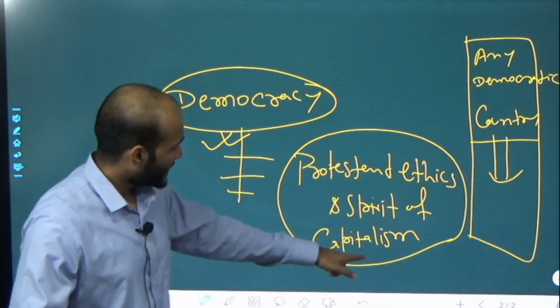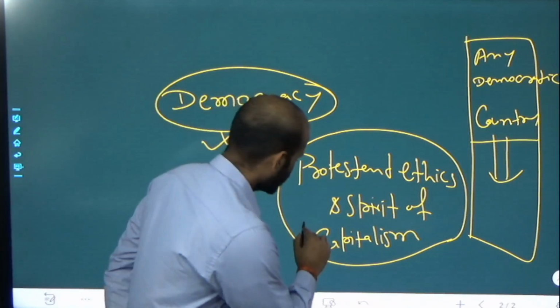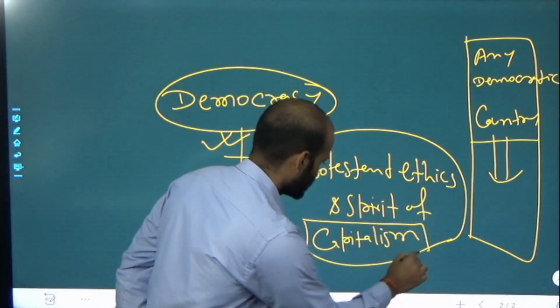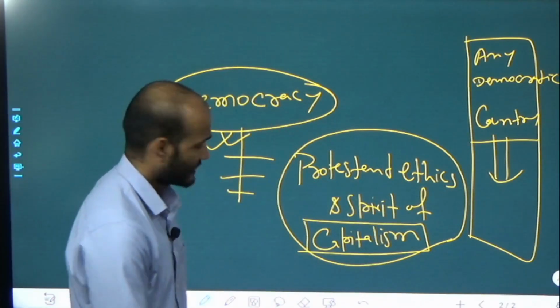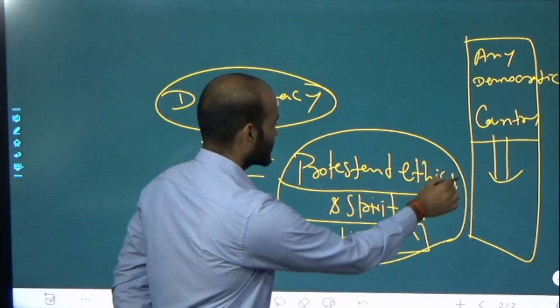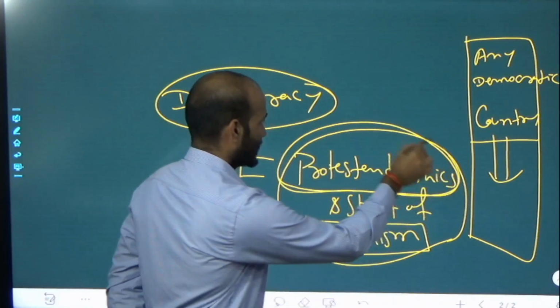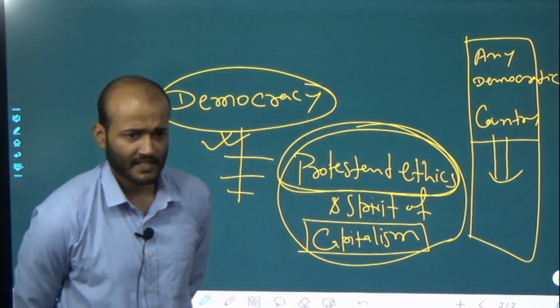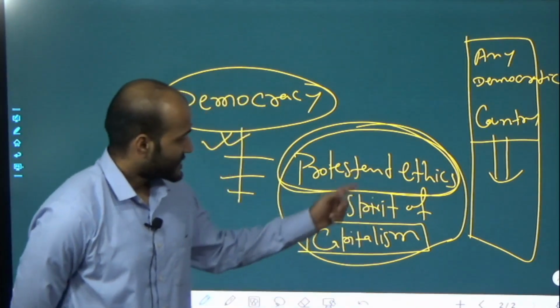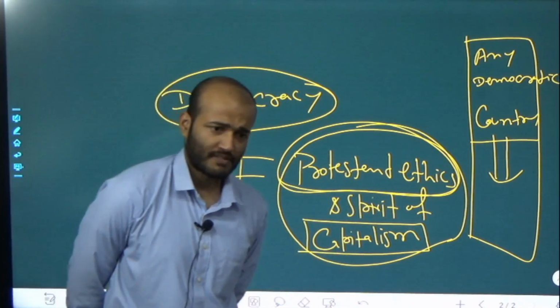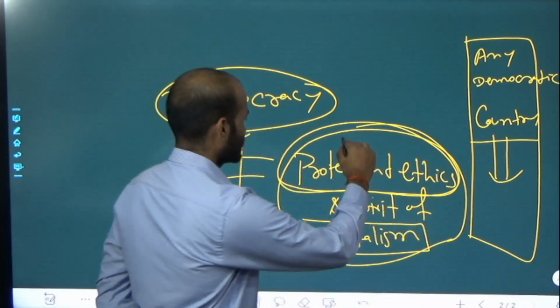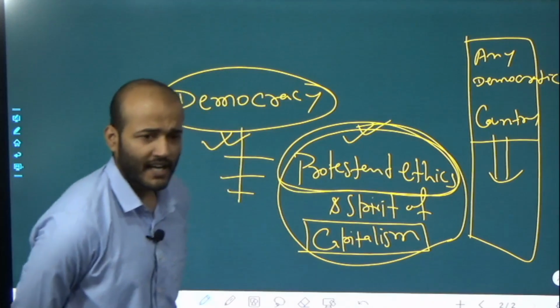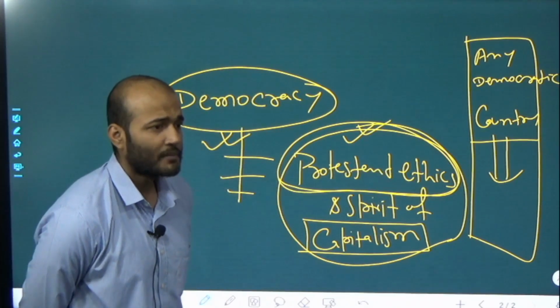So for explaining the phenomena of capitalism, Max Weber created Protestant ethics as a model, as a framework, as a yardstick, right? To explain the rising factor of capitalism, to explain the spirit of capitalism. So what is this? This becomes an ideal type. Protestant ethics becomes an ideal type.